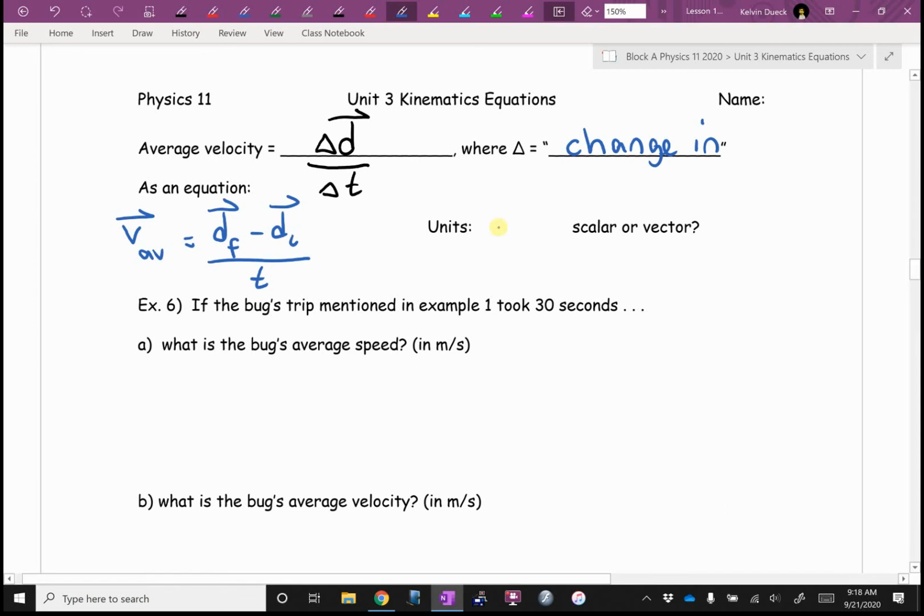Units, also meters per second, but it's a vector, which means usually it'll have a directional component. North, south, or negative, which would imply backwards. Question, Aiden? Yeah. You could go t final minus t initial.